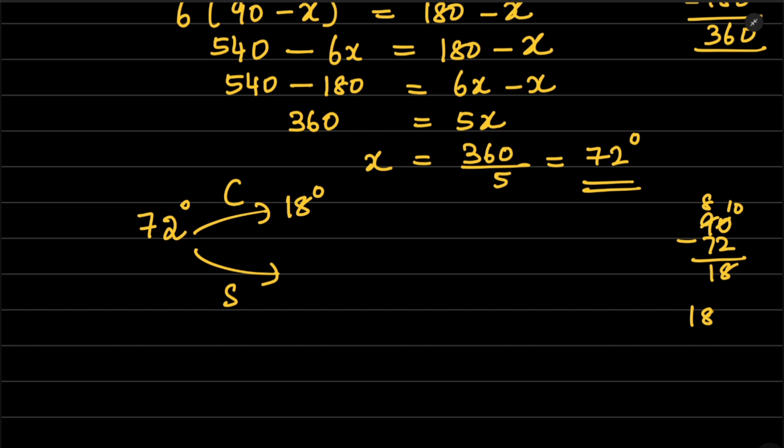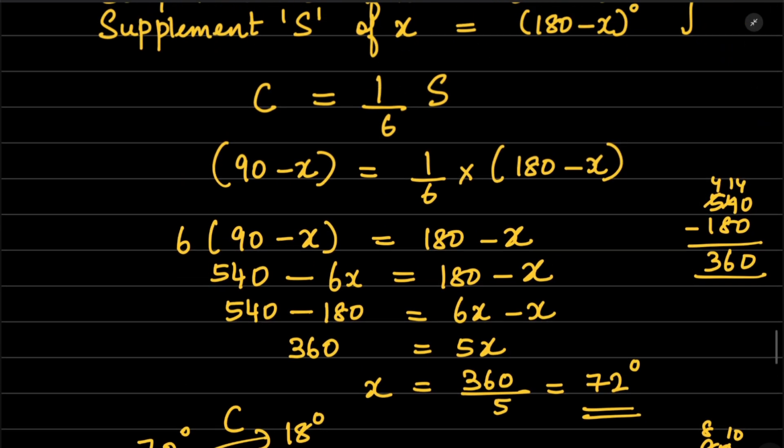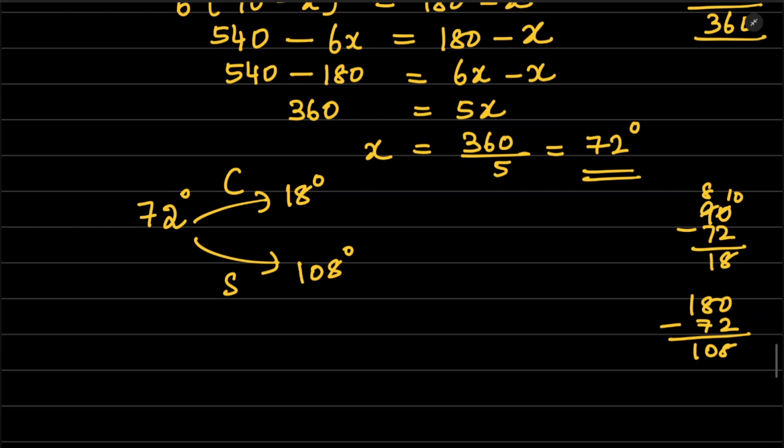And what's your supplement? 180 minus 72. So you have your 108. Okay. So what is given? Complement 18 is nothing but 1/6 of 108. Yes. Okay. So if you take 6 ones are 6, 8s are 48.